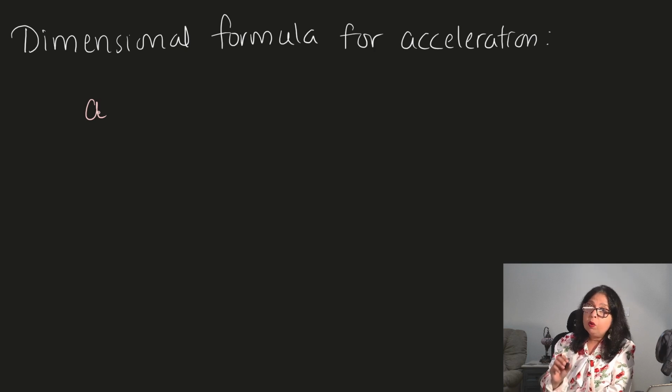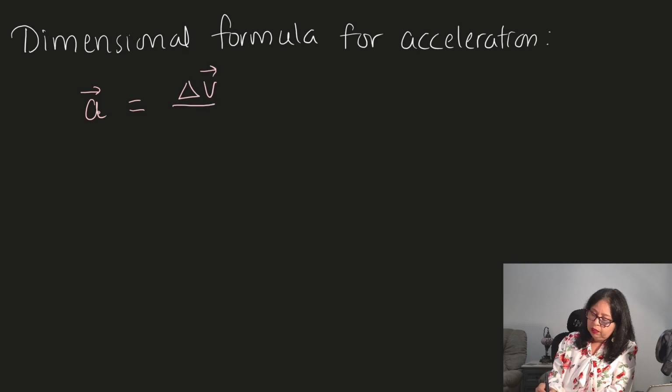Acceleration is always and always lowercase a. It's never uppercase A. And it's a vector quantity. On the right side, the formula says it is equal to delta v, change in velocity, divided by the time taken for the change in velocity to take place. So this is really Vf minus Vi divided by t.